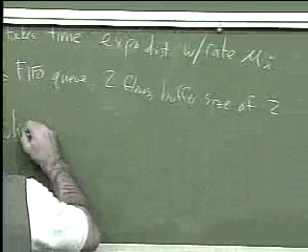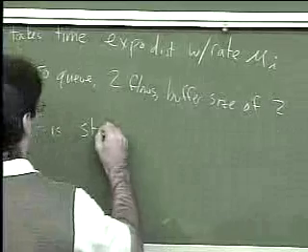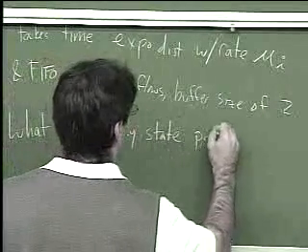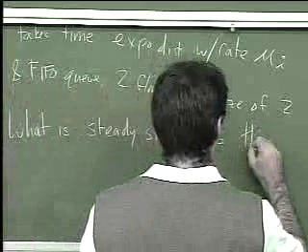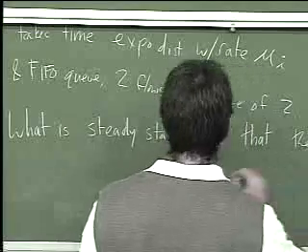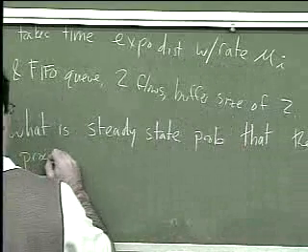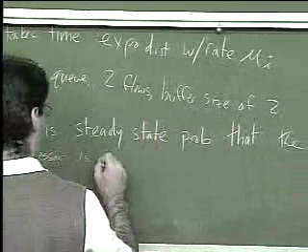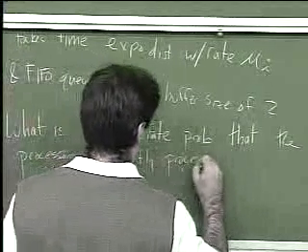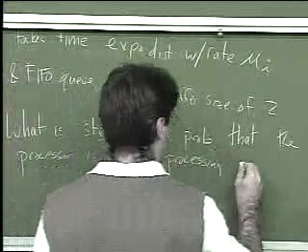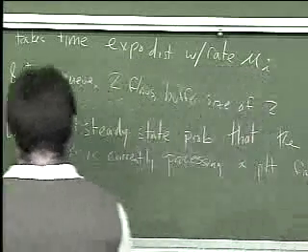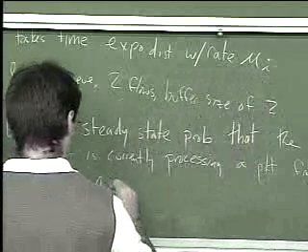I can ask, what is the steady state probability that the processor is currently processing a packet from flow 1?